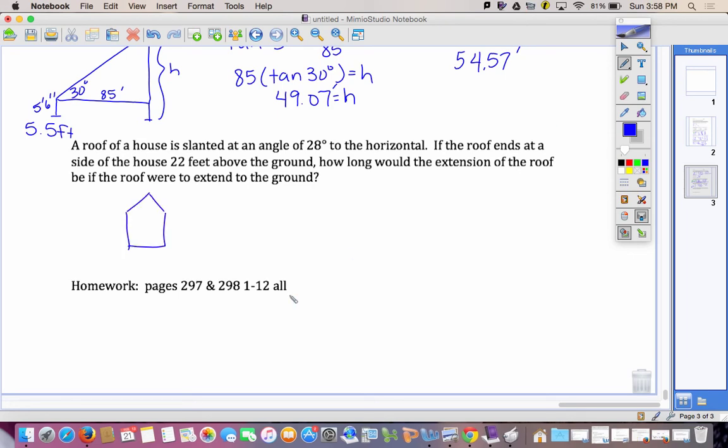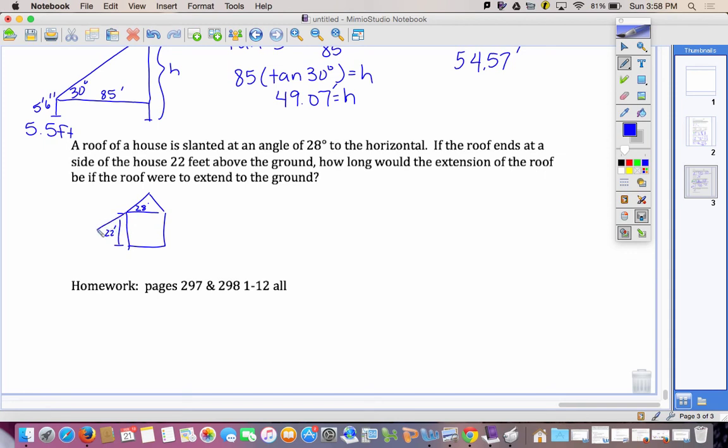Okay, so here's my basic house, and what I'm told is that this measure here is 28 degrees. And the roof ends at the side of the house 22 feet above the ground, so this distance here is 22 feet. How long would the extension of the roof be if the roof were extended to the ground?